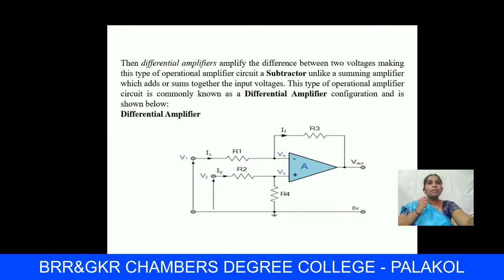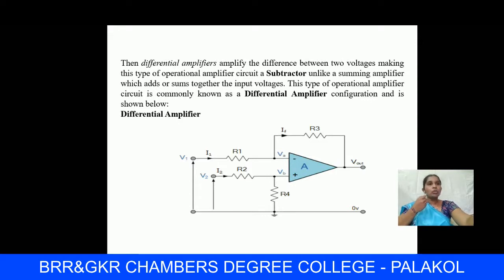Now we will move to the differential amplifier. The differential amplifier amplifies the difference between voltages, making this type of operational amplifier circuit a subtractor. So another name for a differential amplifier is a subtractor.